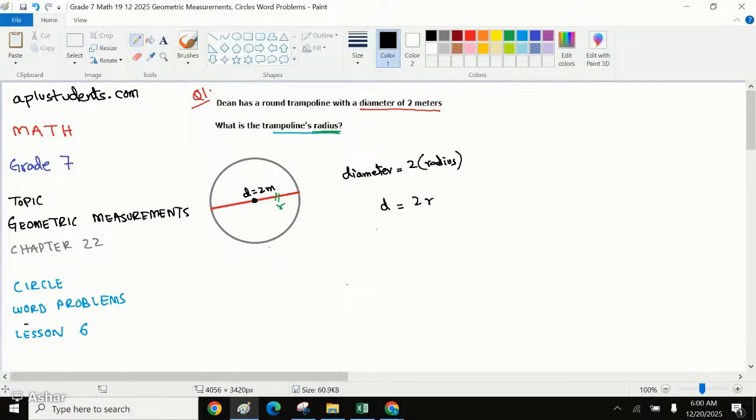The value for the diameter is given to us, it is 2 meters, and we need to find the radius, r. So we can divide. When this 2 is divided by the 2 on the other side, we can find the radius, and the radius comes out to be 1 meter.